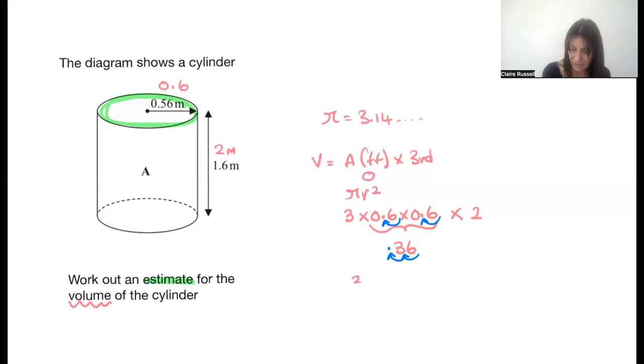So I've now got 3 times 0.36 times 2. And again, how you choose to do this is up to you. Changed my mind because doubling's easy. So I'll do the doubling last. I'm going to do this bit first.